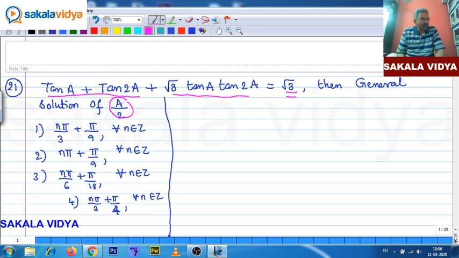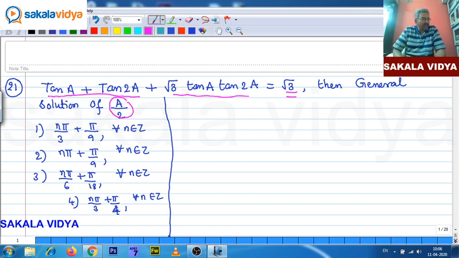Here we first put this in the form of tan of A plus B, so that tan of A plus B equals root 3. Then we find the A plus B value, and then we write the general solution of A by 2. So this is the plan.